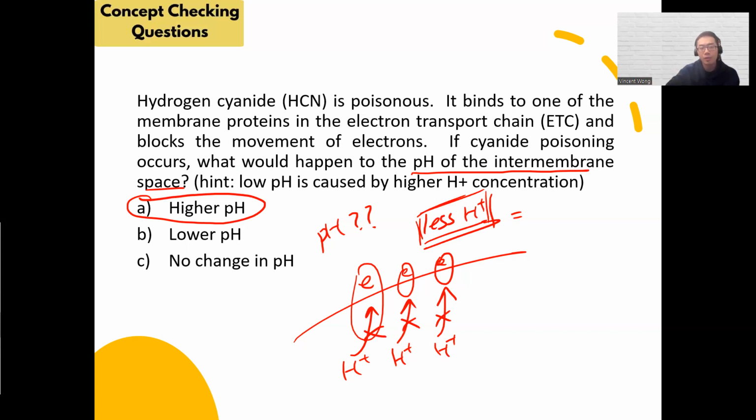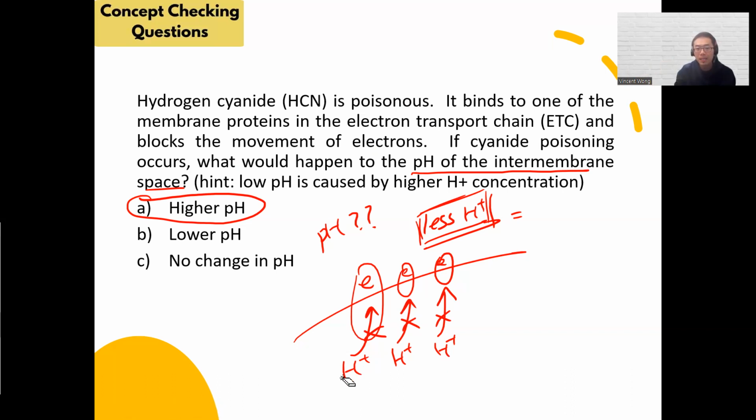On the test, if you see something similar, if it says hydrogen cyanide is poisonous, and you remember, oh, we talked about this question in class, so you look it up, don't automatically just choose higher pH. Read the question carefully. I don't know which one you get on the test, but it might say what would happen to the pH of the matrix instead, right?